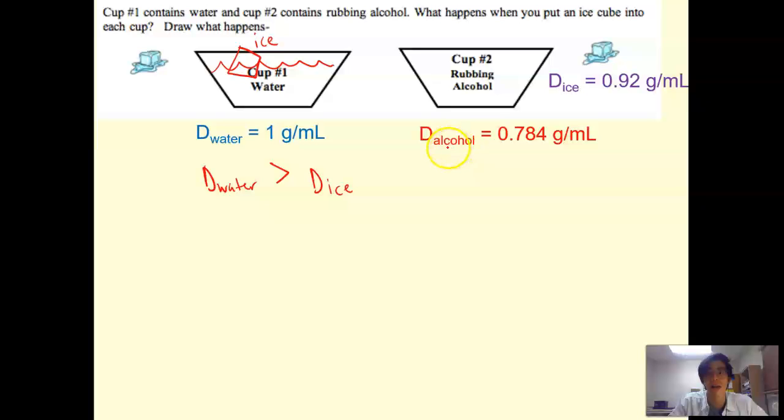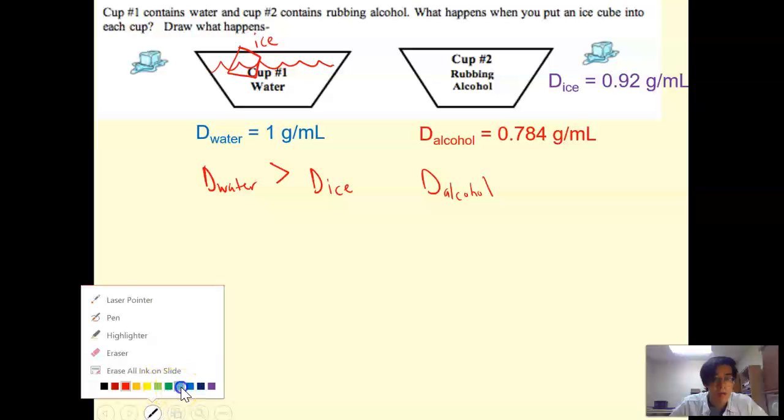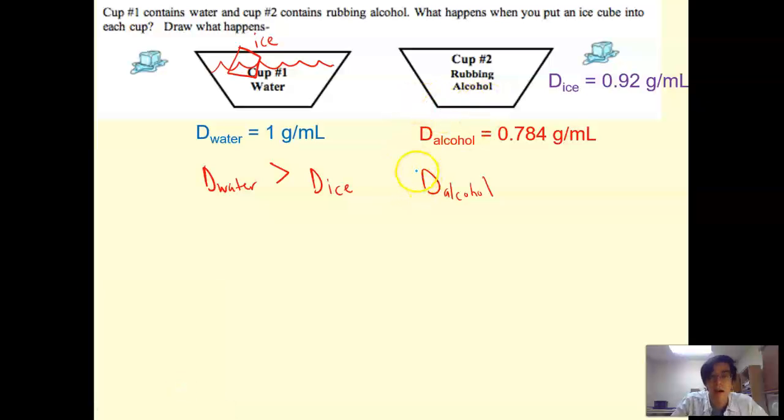On the other hand, I have my density of alcohol, and let me use a different color to represent that. The density of the alcohol is 0.784, which is less than the density of ice, which is 0.92.